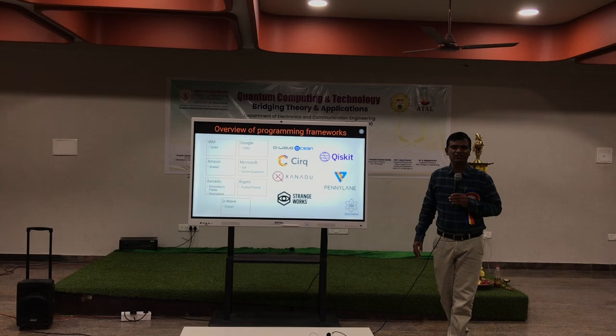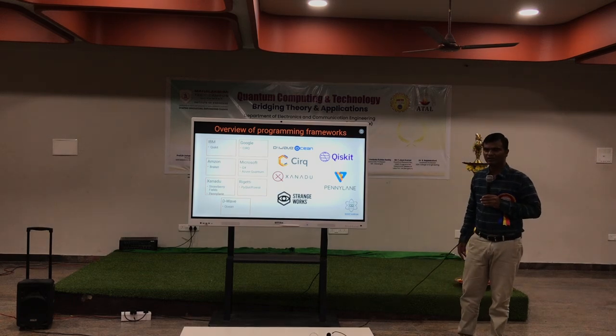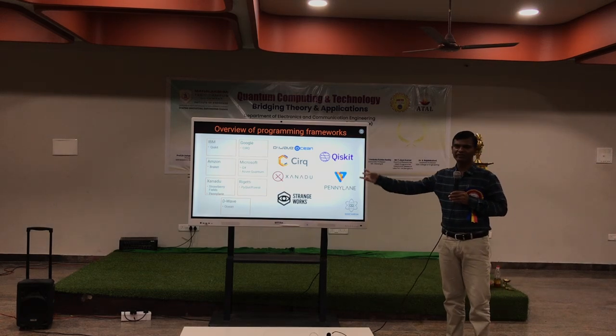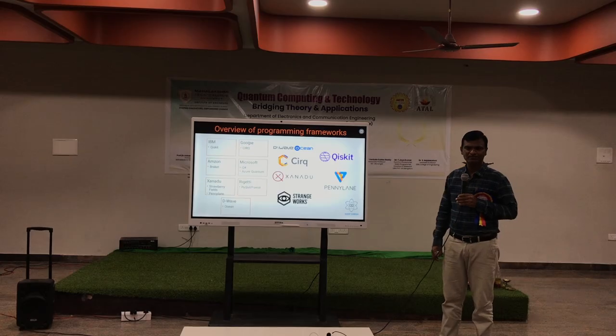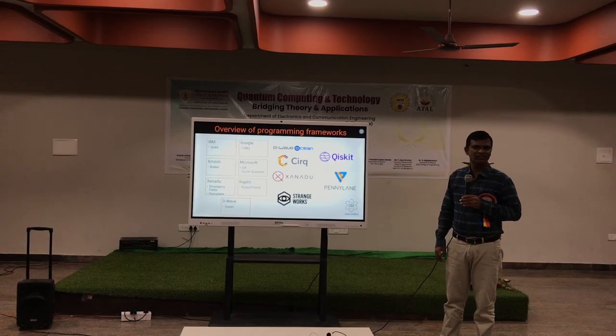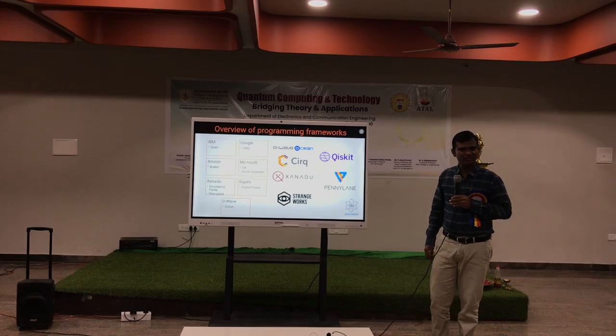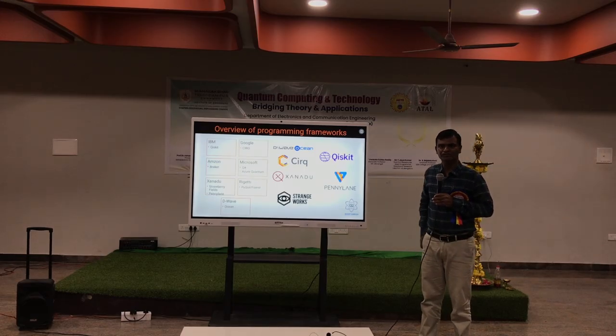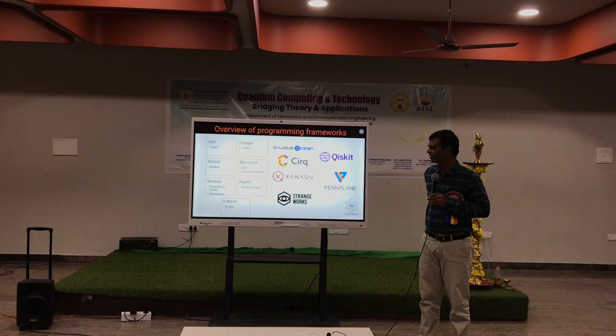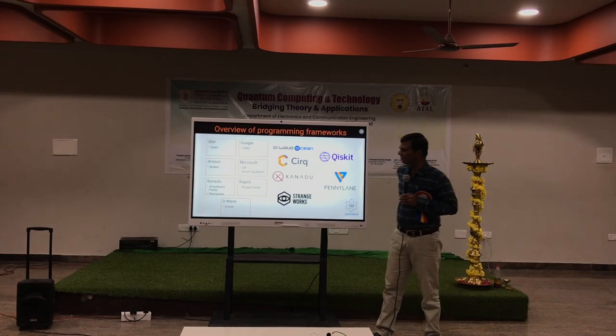All the optimization problems, you can blindly use this PennyLane. That does not mean that you cannot use Qiskit. Qiskit is also a very good framework. And Rigetti, D-Wave.